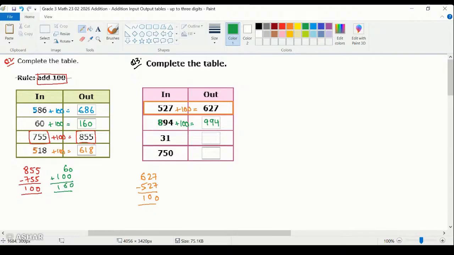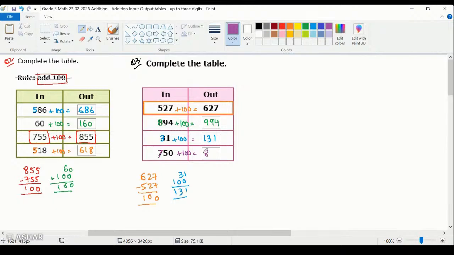Yes, perfect. 31. This was simply 31 plus 100. There was no hundreds, right? So 31 plus 100 would mean 131. And 750 plus 100 would mean the 100th position is changed by 1.